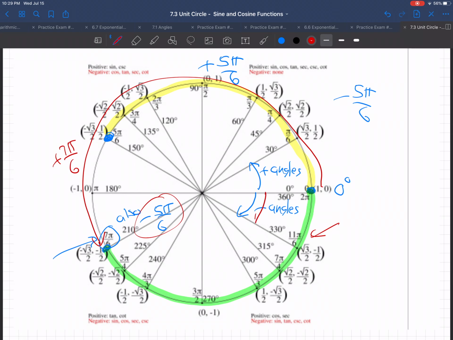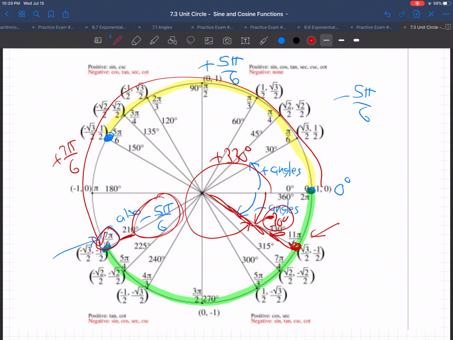Just like saying negative 30 degrees is the same as positive 330, isn't it? Positive 330 degrees ends right here, just like negative 30 degrees ends right there. They're the same spot, aren't they? Likewise, 7 pi over 6 and negative 5 pi over 6 must be the same spot.